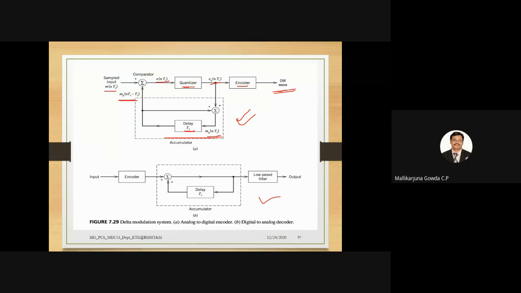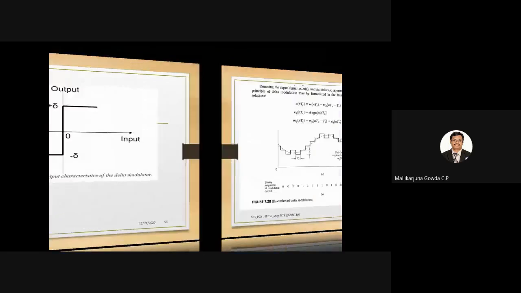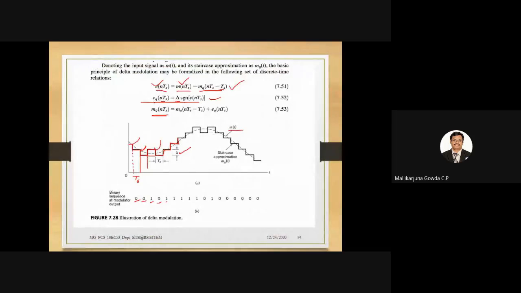So the sum of these two will be MQ of NTS. That is what is written here. The equations are not complex. The input to the delay element, the quantized version of the message signal, will be the sum of the delayed quantized version plus the output of the quantizer. That will give you MQ of NTS. Is this fine?